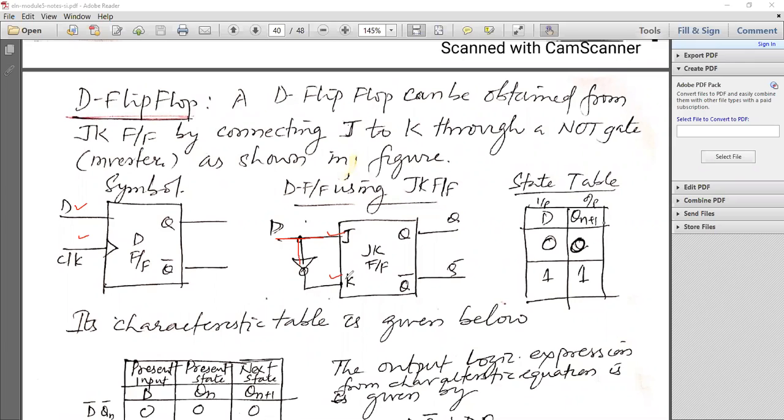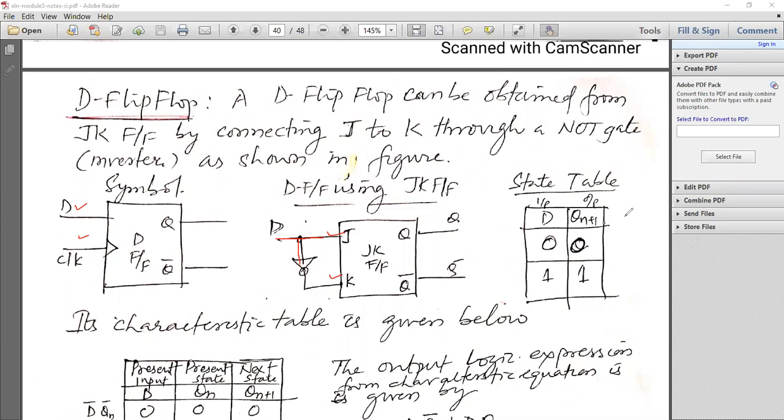And as I told you, it is a latch, that means it stores or buffers the input. There is no change of input. Whatever the input is, that same thing will be produced.